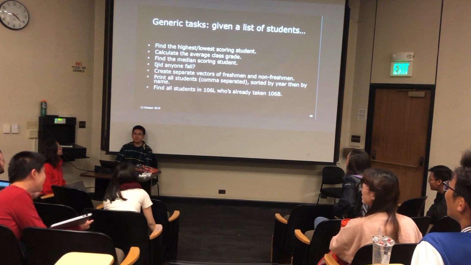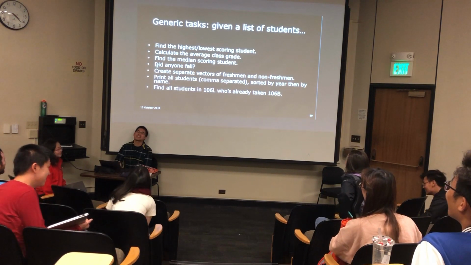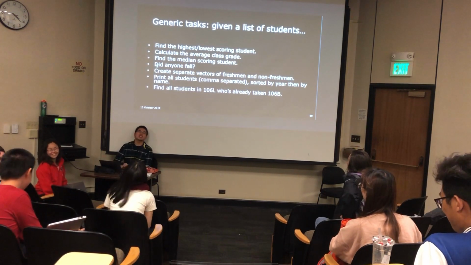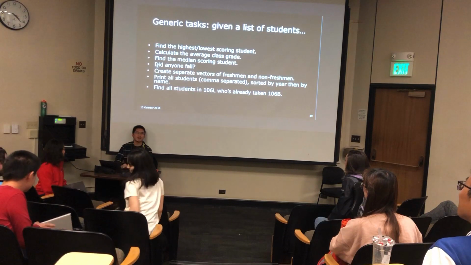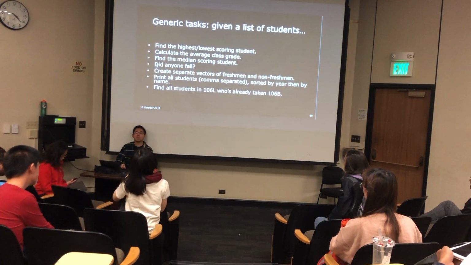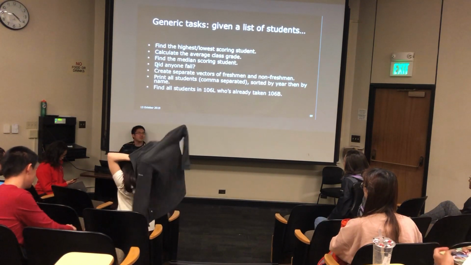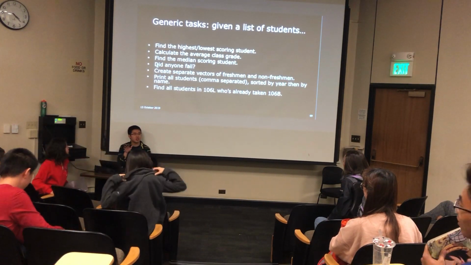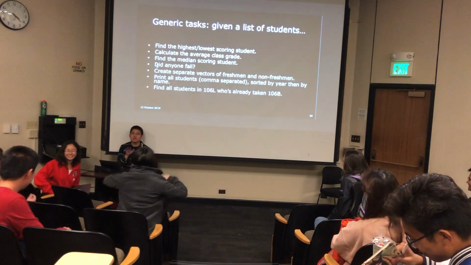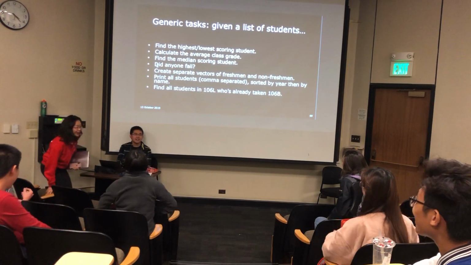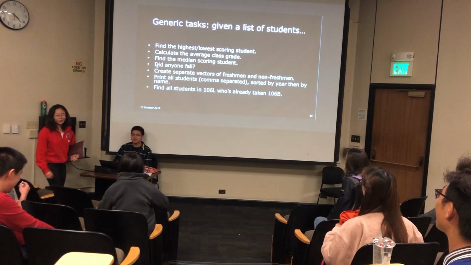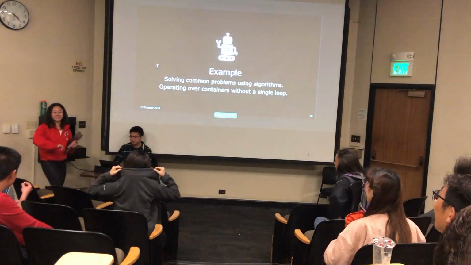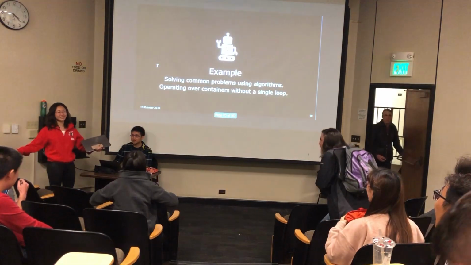Wait, that's a dangerous file. I'm just joking. I did generate random numbers for your grades. Those are not your correct grades, especially if you're in 106B right now. Those are your predicted grades.